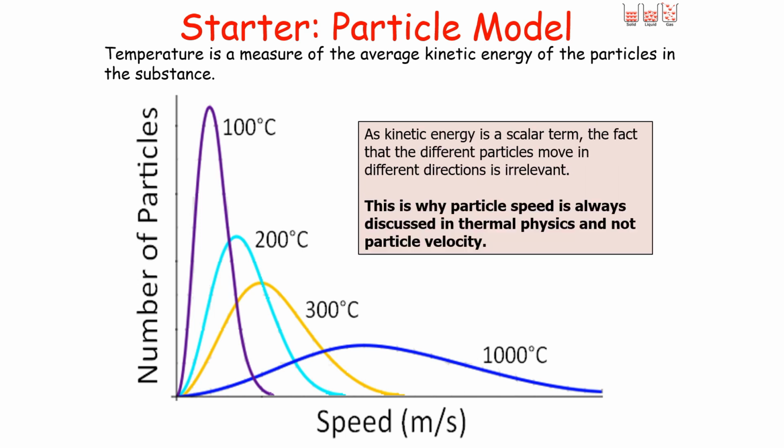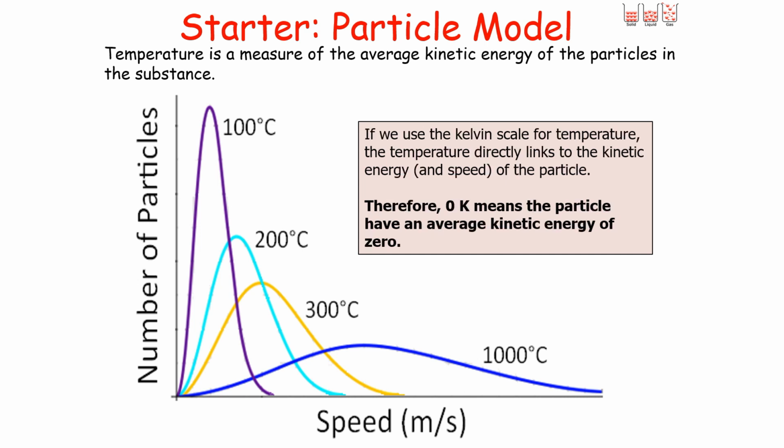Now, it's important to note that as kinetic energy is a scalar term, the fact that the different particles are moving in different directions is irrelevant, which is why particle speed is always discussed in thermal physics and not particle velocity. Now, if we use the Kelvin scale for temperature, the temperature directly links to the kinetic energy and the speed of the particle.